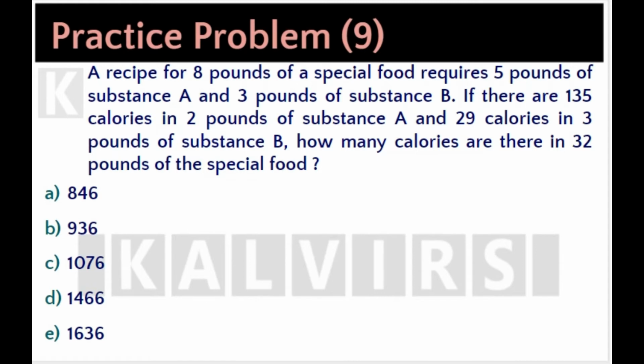Now, first of all, if a recipe of 8 pounds of special food contains 5 pounds of substance A and 3 pounds of substance B, how many pounds of each substance does 32 pounds of the special food contain?